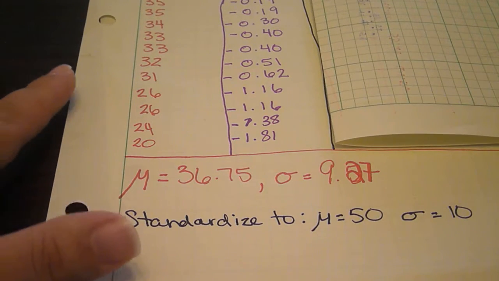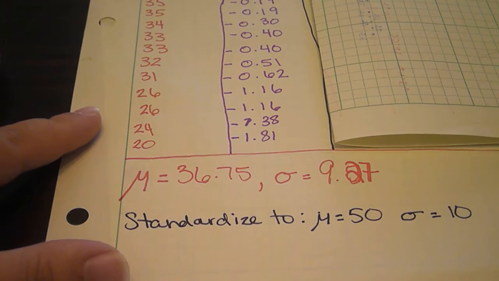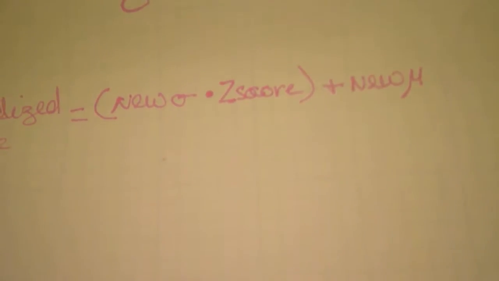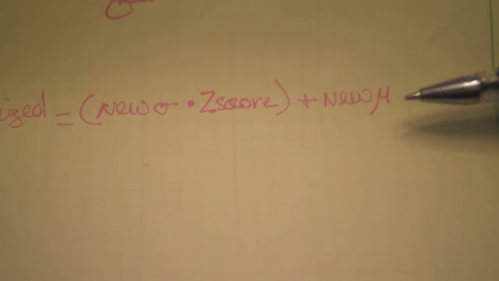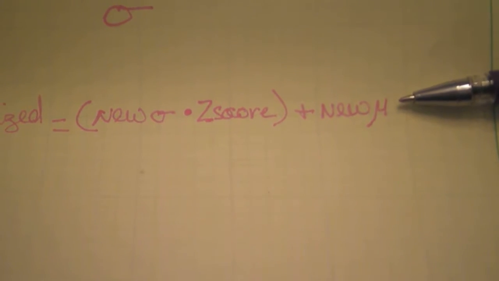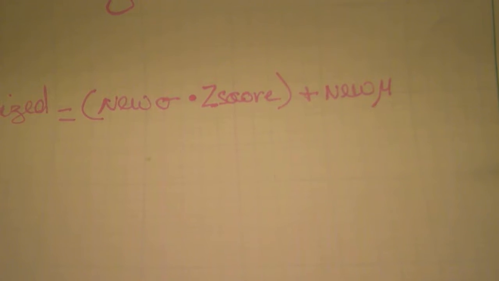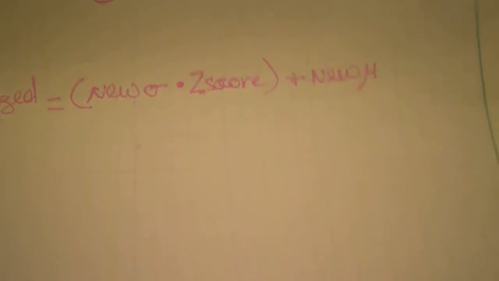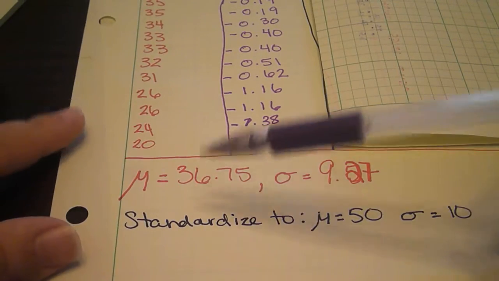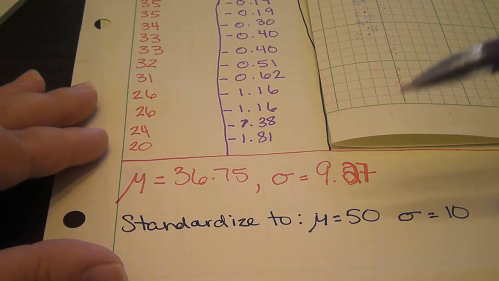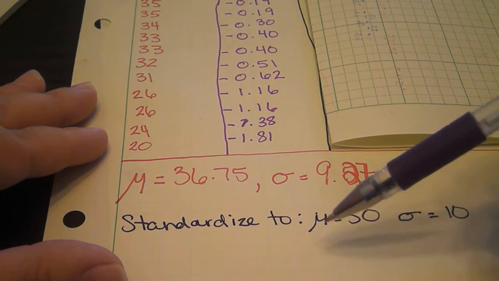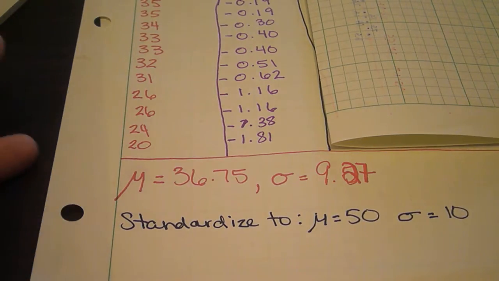So to standardize any score so that we can compare them, we use our desired standard deviation, our desired mean, and our z-score. So I would like to standardize this to match something else so we can compare them. I want them to have a mean of 50 and a standard deviation of 10.